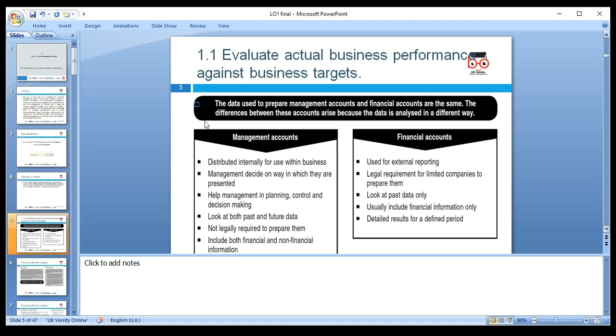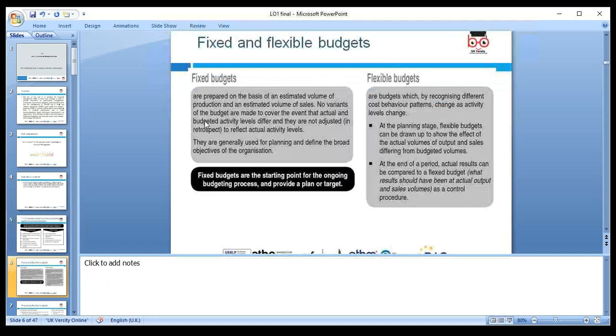For financial management control, we need the data so that we can control effectively. It is distributed internally within a business, and management decide how to present the data to help management planning and controlling. It's good to know the difference. Financial accounting is external, where we prepare the financial statements. That's why we included this slide.